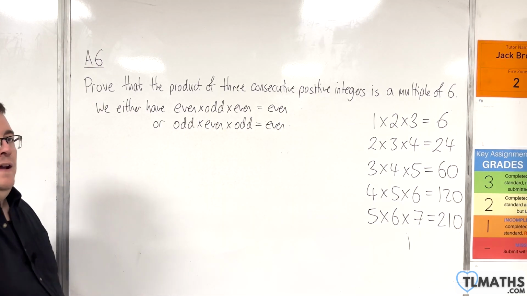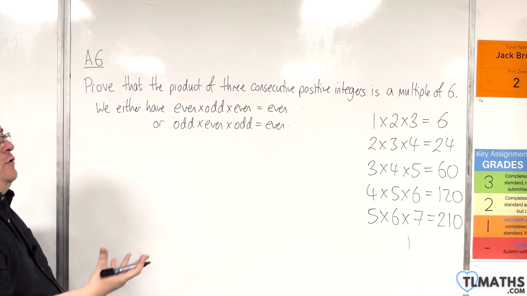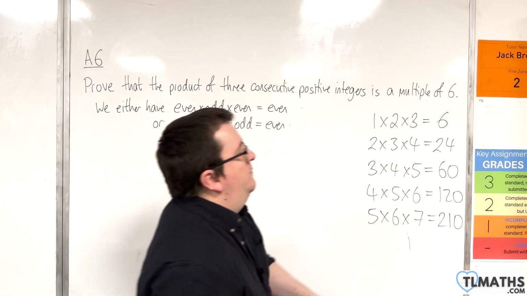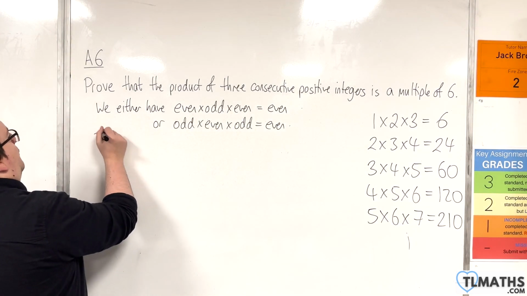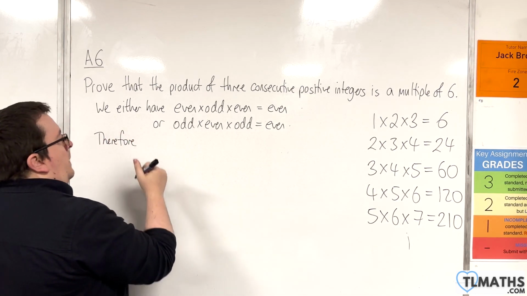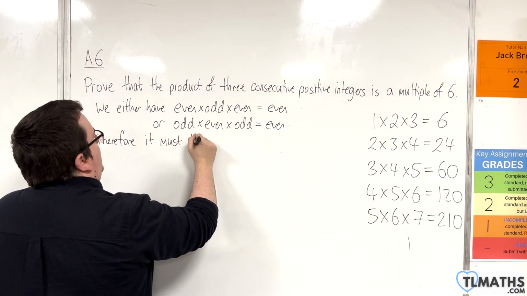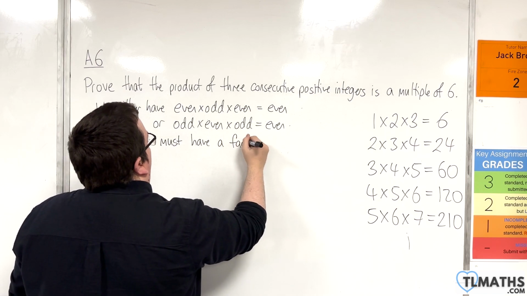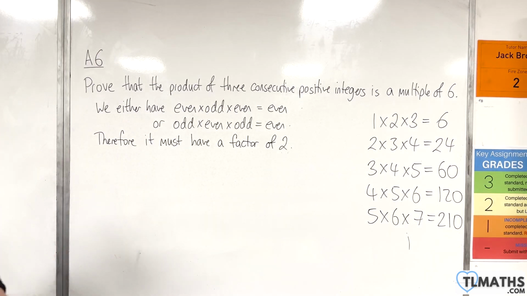Because you've got an even factor in there, the whole thing has to be even, because you could factor out 2. So regardless, you're always going to get an even value. If the result is always even, therefore, it must have a factor of 2, because it's even.